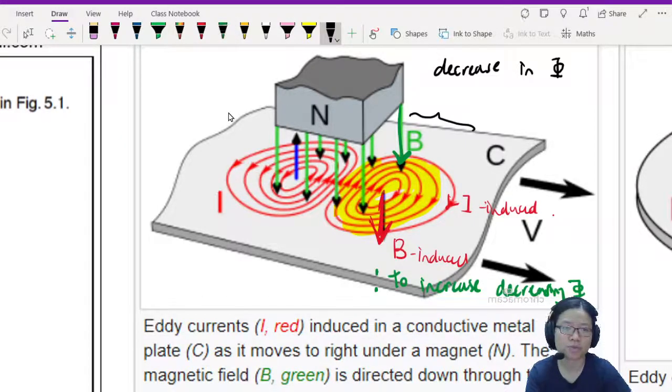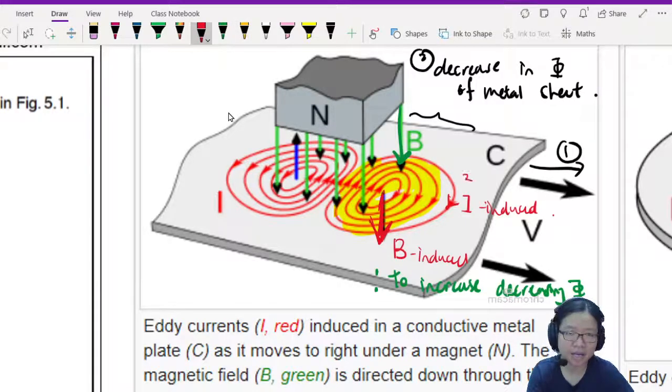So basically when this one moves in this direction, step 1. Step 2, there's a decrease in flux of the metal sheet. Step 3, current is induced according to Faraday.